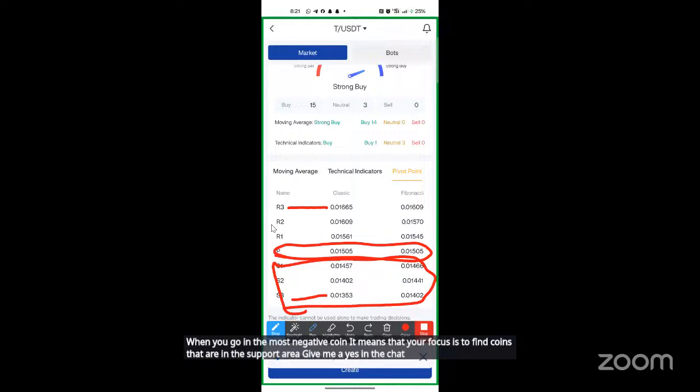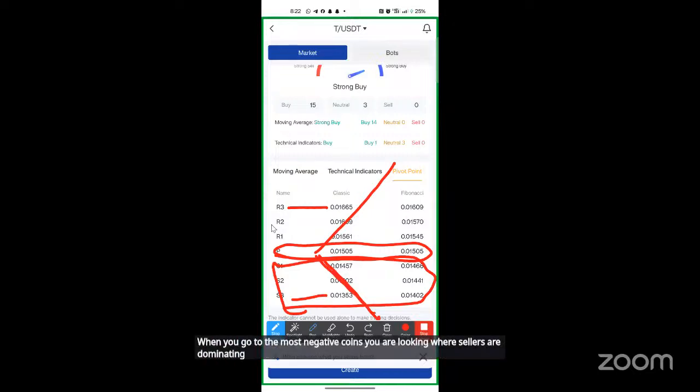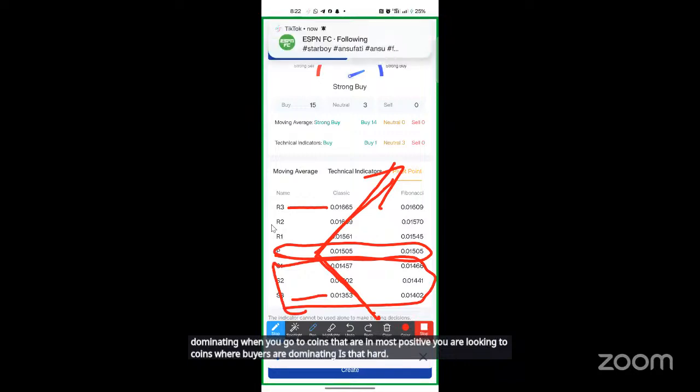When you go to coins that are doing well, you are looking for coins that have buyers bias. Here you are looking for coins that have sellers bias. When you go to the most negative coins, you are looking where sellers are dominating. When you go to coins that are most positive, you are looking to coins where buyers are dominating. Is that hard?